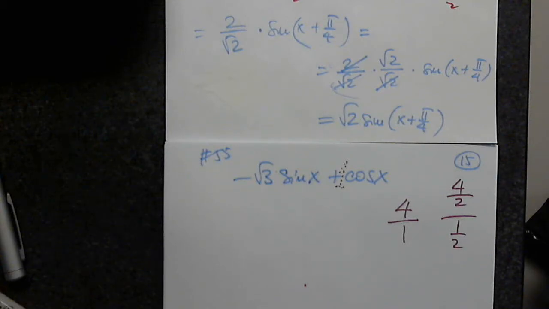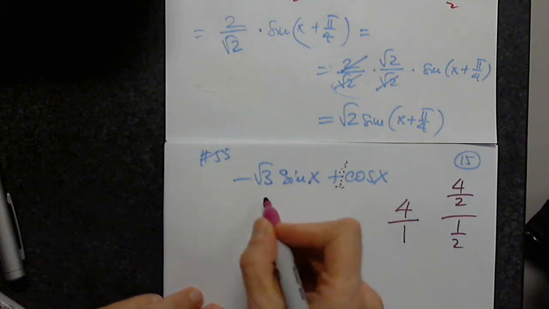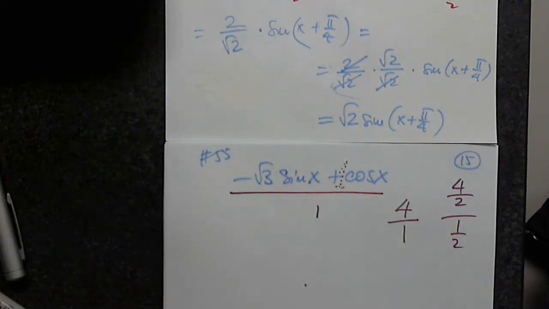So then what should I do? So this is, again, like my 4 or 4 over 1. What should I divide the top by and the bottom by? Think in terms of those 3 numbers. I only know 1/2 and the square root of 3 over 2, and I cannot use the square root of 2 over 2 because the numbers are not the same. So what should I divide the top and the bottom by? Knowing 1/2 and the square root of 3 over 2, I don't know anything else.